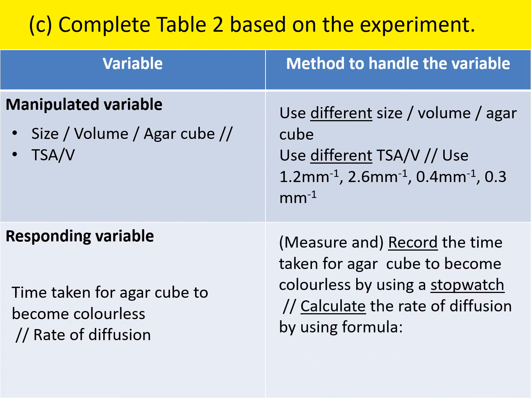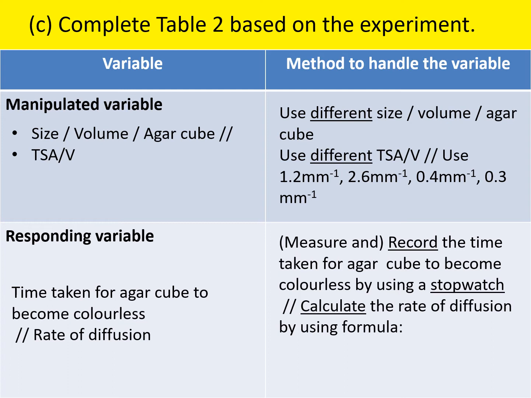The answer for method to handle the variable, measure and record the time taken for agar cube to become colorless by using a stopwatch. You must start your answer with record. Okay, measure and record, count and record, or just record, depending on the experiment.